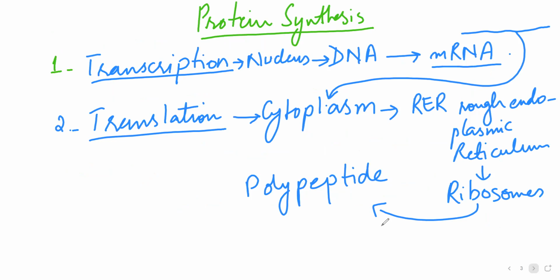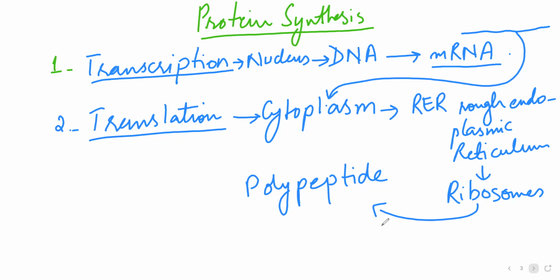Now the question arises: how does protein synthesis take place? This takes place in two steps. The first step takes place in the nucleus, and the second step takes place in the cytoplasm on rough endoplasmic reticulum. In the first step, the mRNA is formed from DNA. I have just explained how this happens in the nucleus.